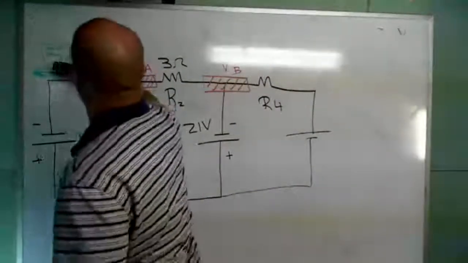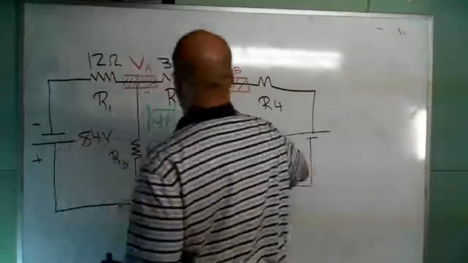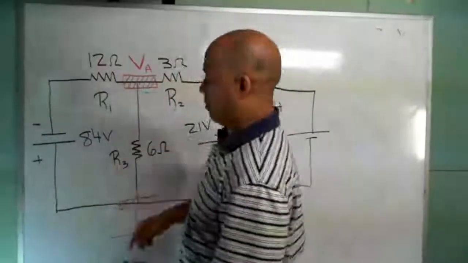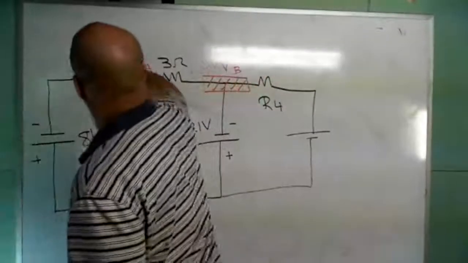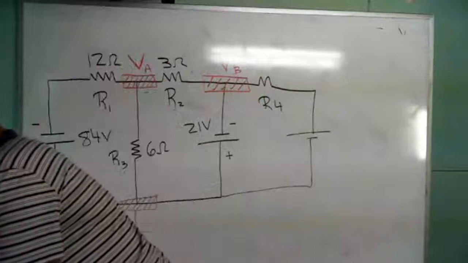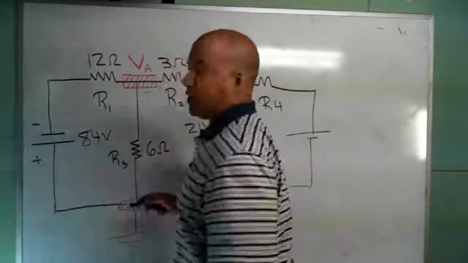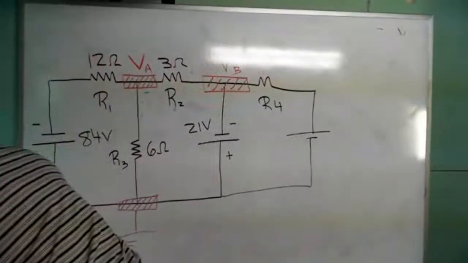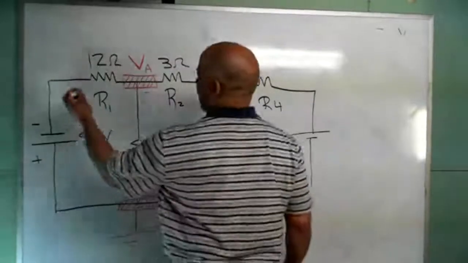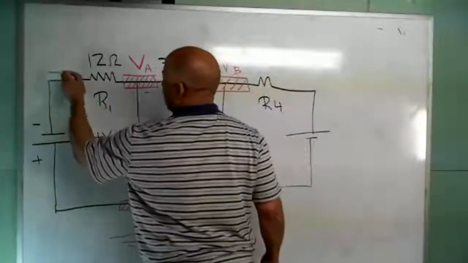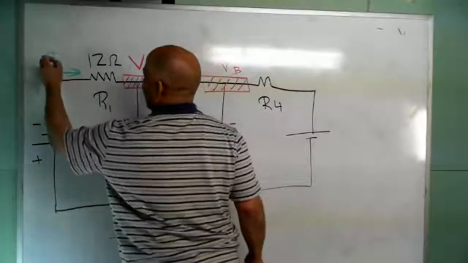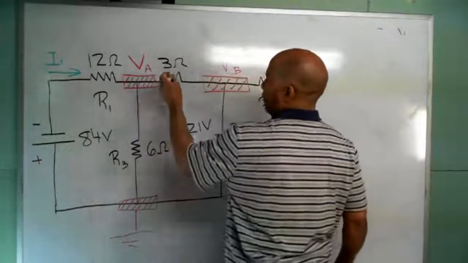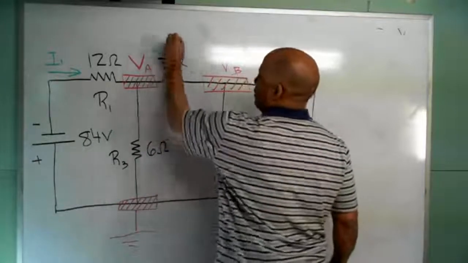You assign your currents, but this time you got to do it for each node. If I had more than the one node that I showed you, and I didn't want to get into this, I just wanted you to see the method first, but since you asked, this is the way you would do it. I would assign a current direction into and out of the nodes. So I might say that I1 is like that. I can do the same current directions.